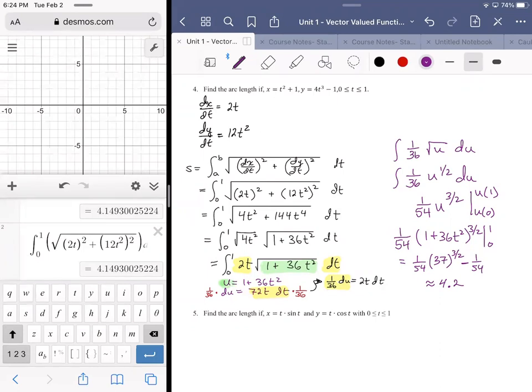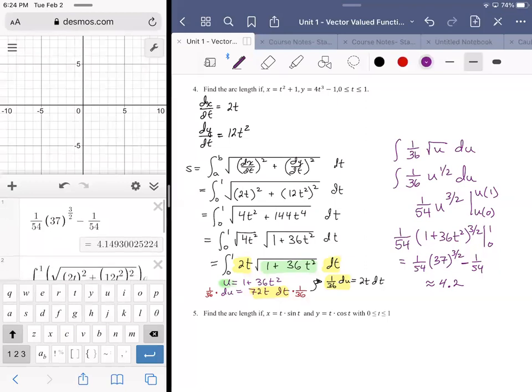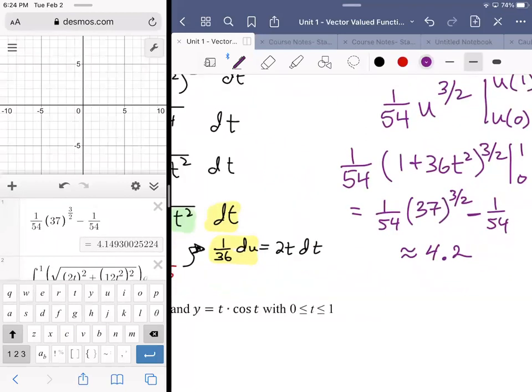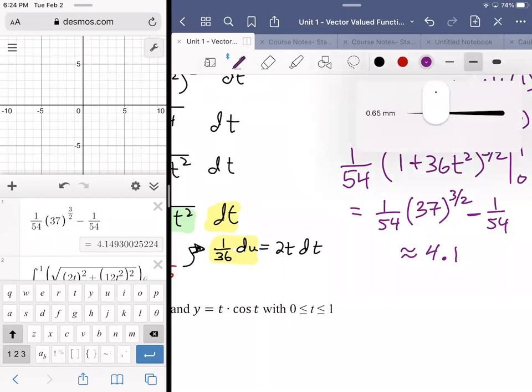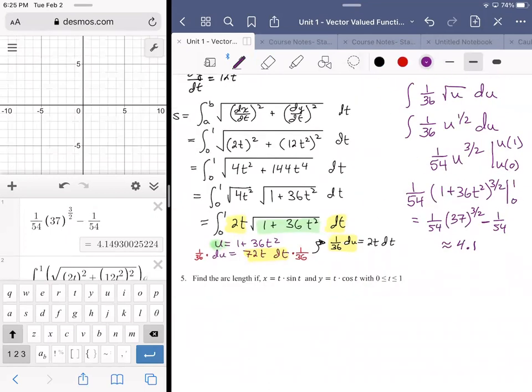Oh, it really shouldn't be 4.2, huh? Now that I look at it, it should be 4.1. After I made this whole thing about whatever method you choose to use, make sure you do it right. I went and didn't do it right. Classic Bob.